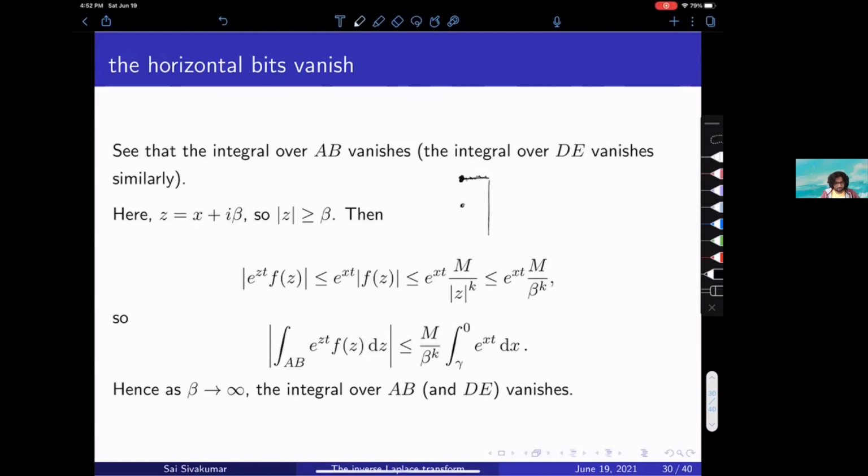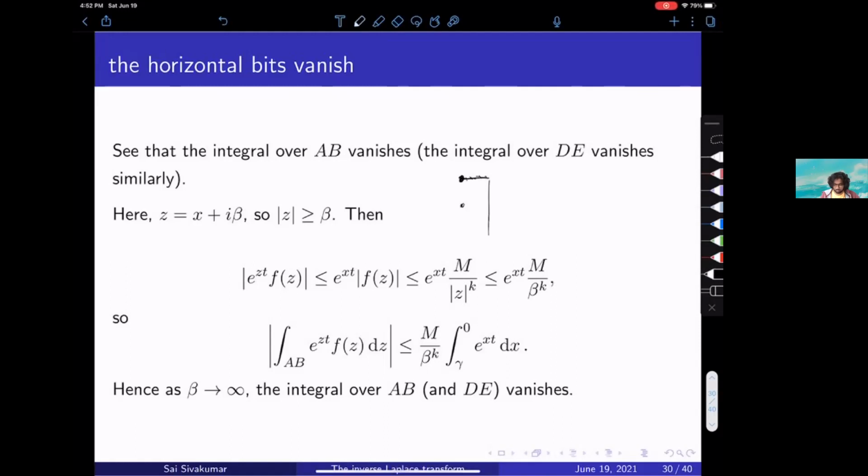So again, same game. You take the absolute value of e to the zt f of z. Again, this e to the xt pops out. Then we have to do the f of z. And again, M is just going to be the maximum value on the segment, whatever it is. It's finite. Then we use the same order condition like before. And then it'll be absolute value of z to the k, but then we also said that the absolute value of z is at least beta. So then this is again our integrand.